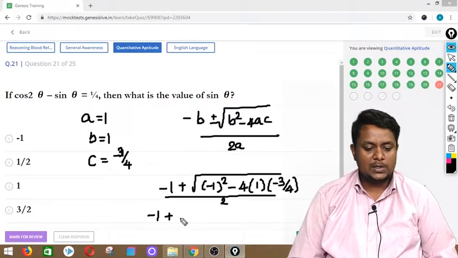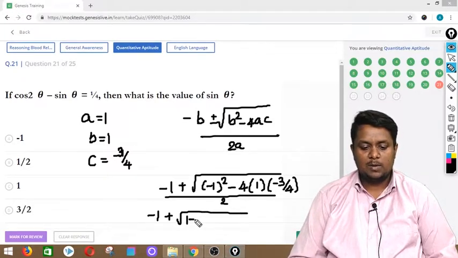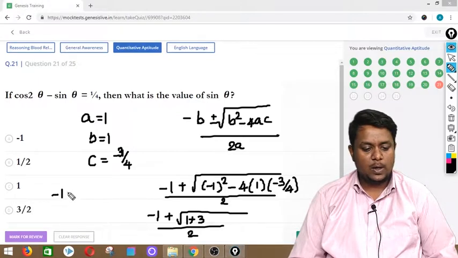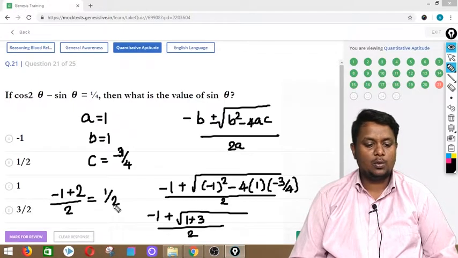So minus 1 plus root of 1 minus 4 into 1 into minus 3 by 4, which is plus 3, whole divided by 2. When we simplify this, we get minus 1 plus 2 whole divided by 2, which is 1 by 2.